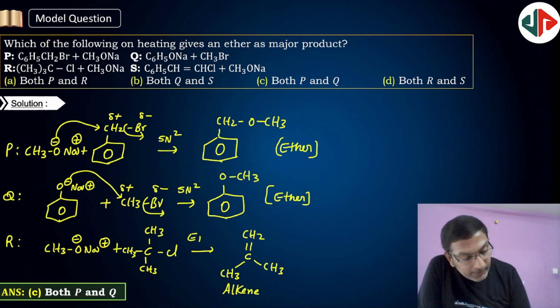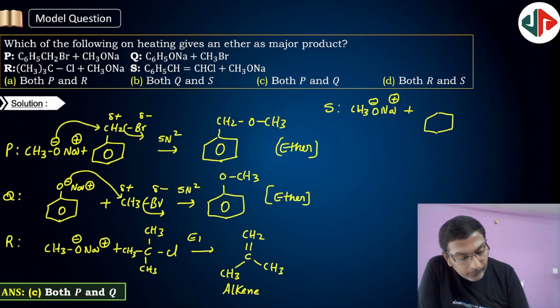Next, in case of the S option, displacement is not possible. CH3ONa plus CH2=CHCl.